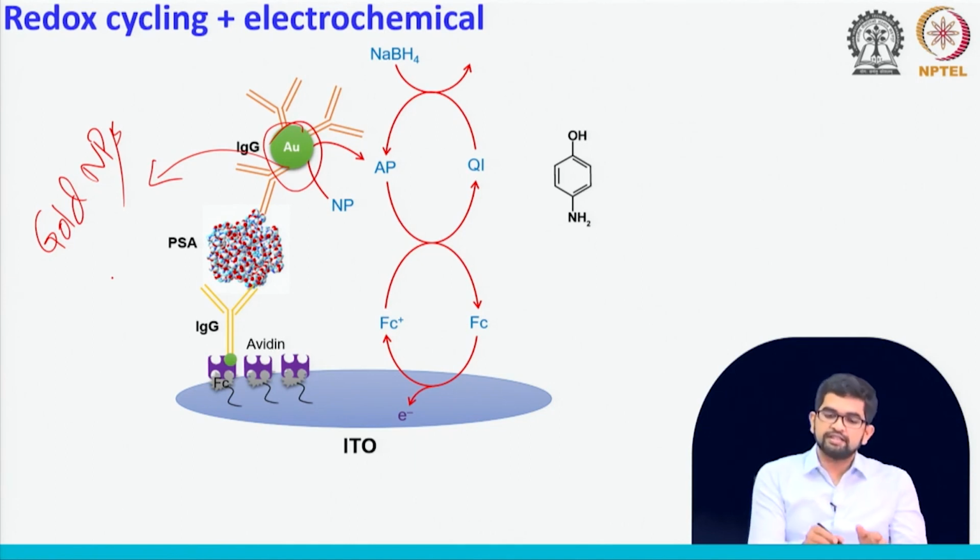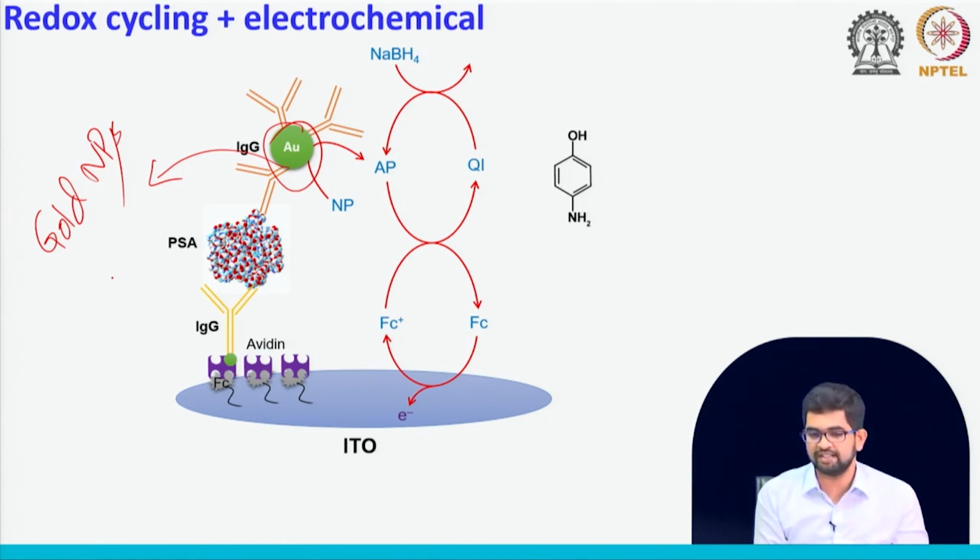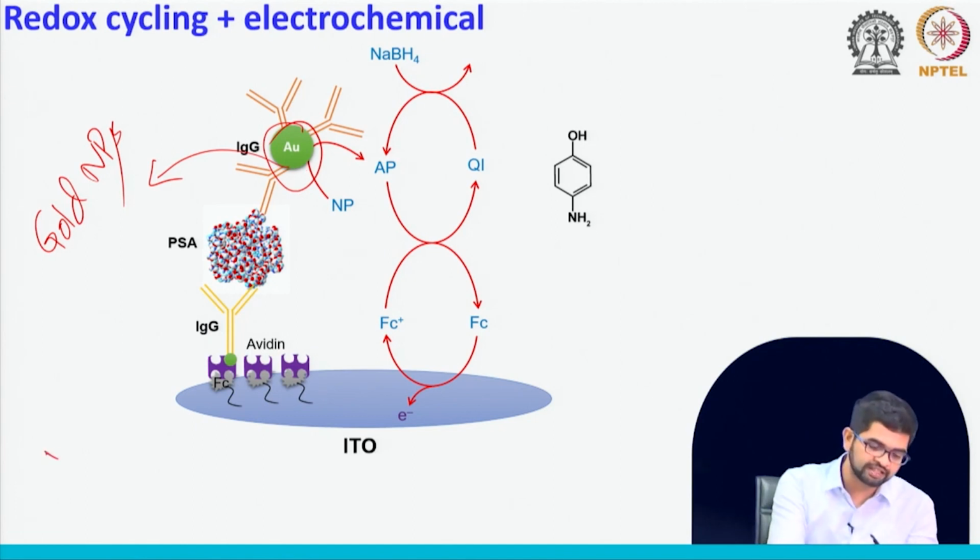Its role is similar to ALP, but it is a non-enzymatic material, right. This is the utility here, that we can also use some nanomaterial as a tag that can help to generate a similar kind of signal. What is the utility? That we are not using an enzyme here. So, it is a non-enzymatic biosensor.